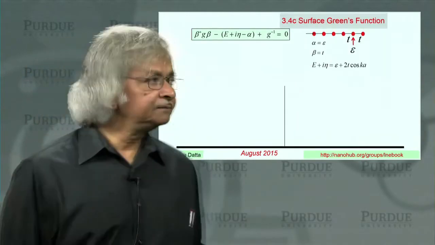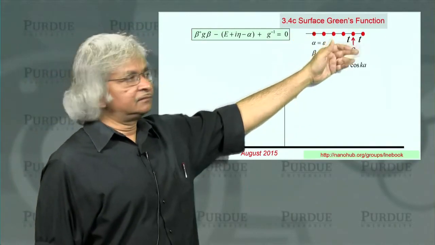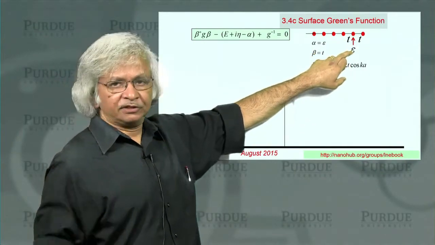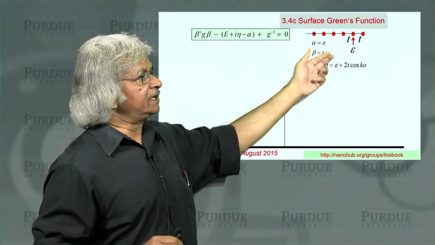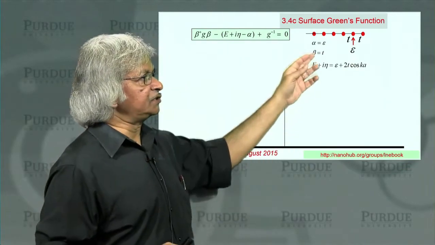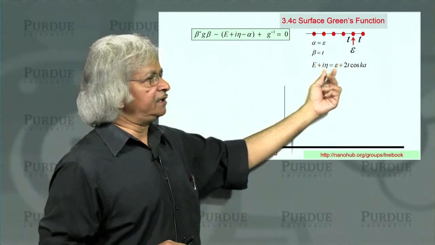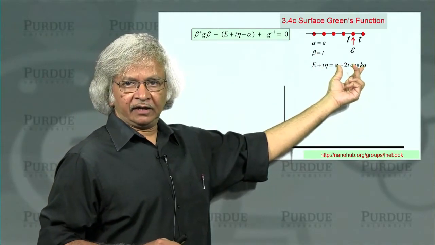So let's do that. Consider the 1D chain, where the alpha is just the number epsilon, which is this diagonal element, and the beta is another number t, which is the nearest neighbor coupling. And as you know, the dispersion relation would be E equals epsilon plus 2t cosine Ka.